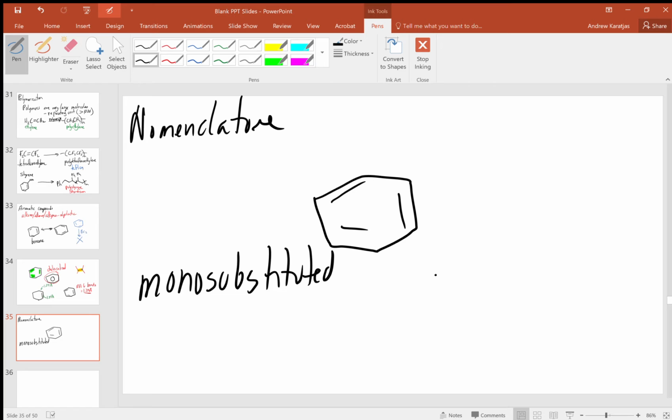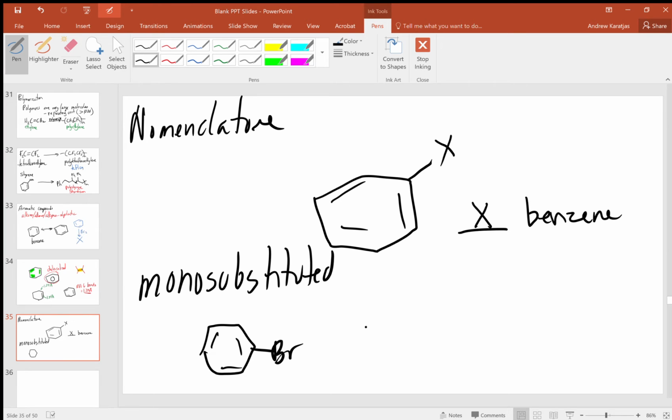Because for monosubstituted, if you have some group on benzene, you just call it whatever that substituent is, followed by benzene. So for example, if we put a bromine on there, then that would be bromobenzene.